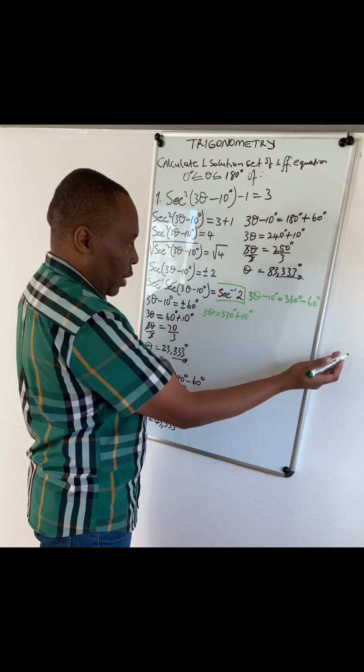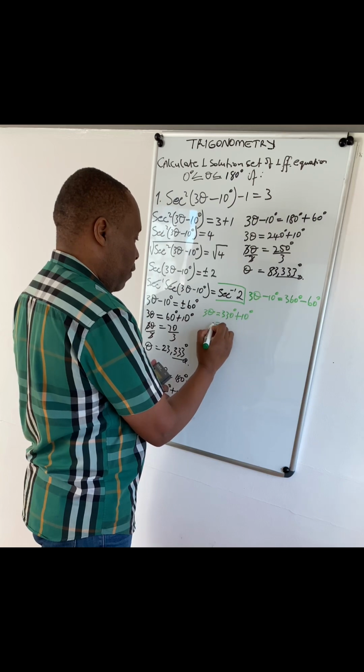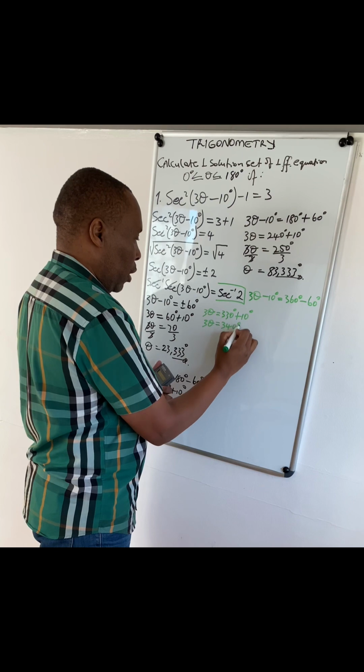This 10, when it goes that side, becomes positive 10. So 3 theta is equal to 340 degrees.